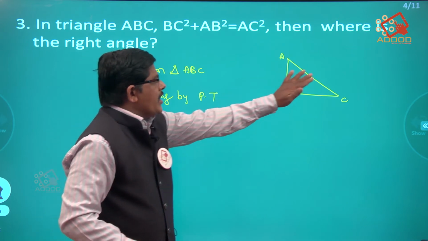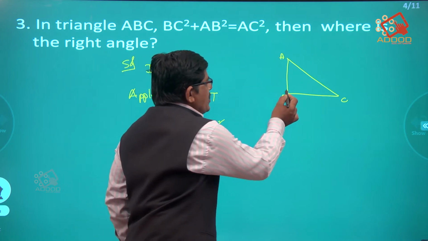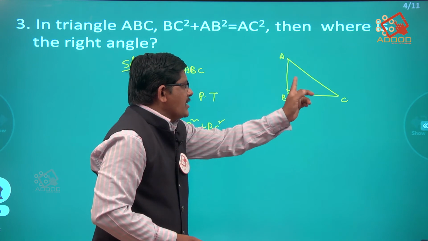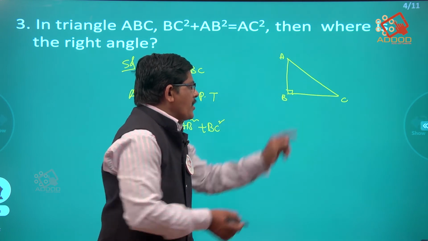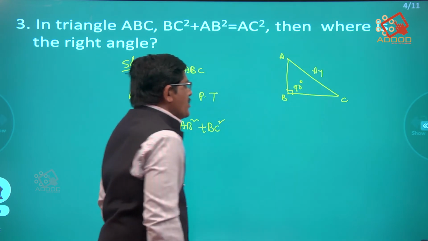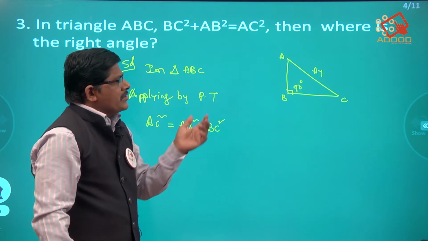In a triangle with exactly 90 degrees, the hypotenuse side means the side opposite to 90 degrees. This is the 90 degrees, and the opposite side is called the hypotenuse side. Therefore, AC square is equal to AB square plus BC square.